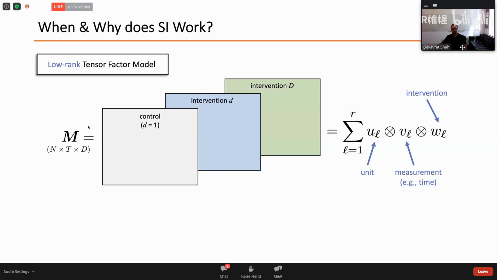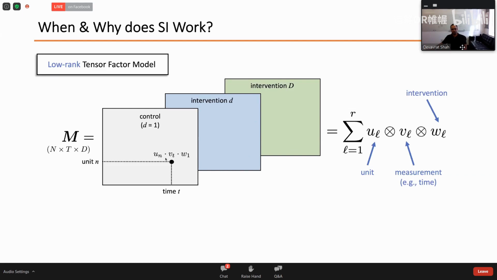Okay. So what this says is that the matrix of potential outcomes has a low tensor rank. In particular, it has a decomposition that looks like an effectively rank R decomposition, with U's corresponding to units or countries, or rows. V's correspond to time, these columns, and W's correspond to different interventions.